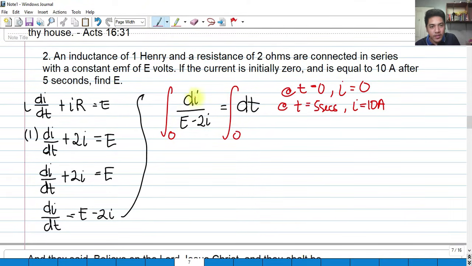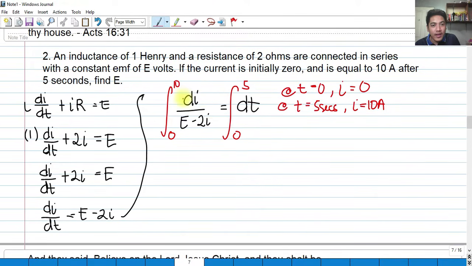This is in time, this is in current. So we have the lower limits of time and current, which is actually 0. Then at time t equals 5 seconds, the current is 10 amperes. So we write the limits and we need to integrate this and evaluate the limits so that we can find E. So first, how do we integrate this?